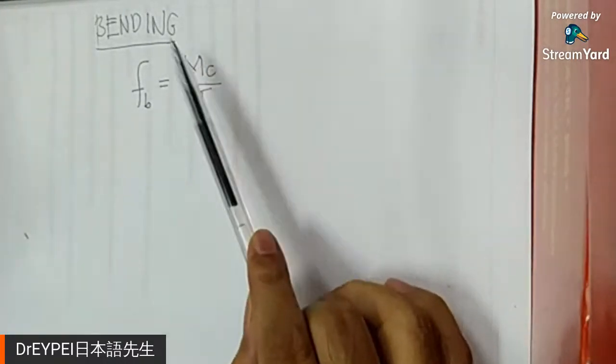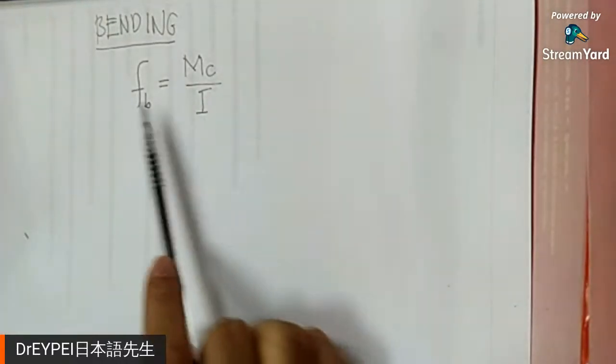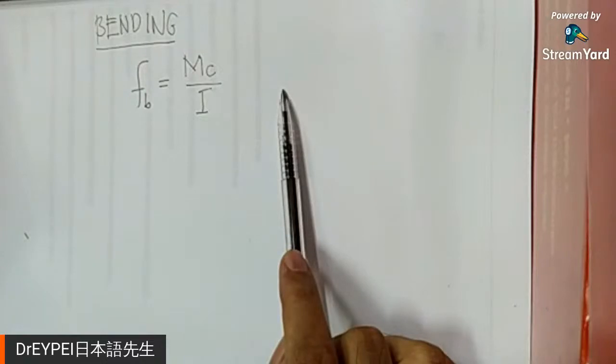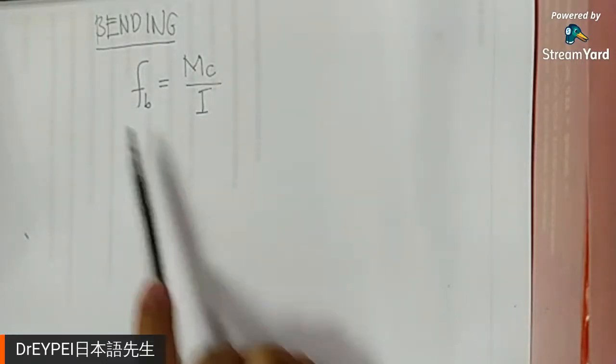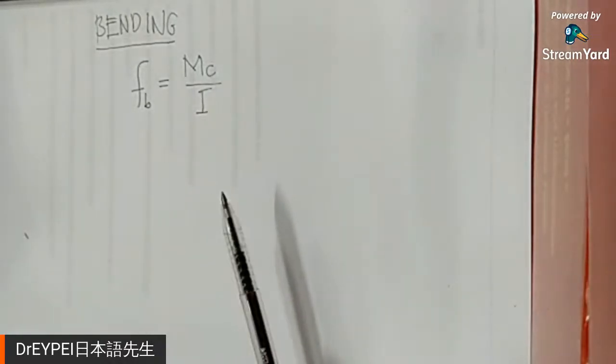What is the coefficient? M over I. So if you can recall your algebra, this is just an equation of a line. This is a proportional equation. Okay? Equation of a line. Directly proportional.